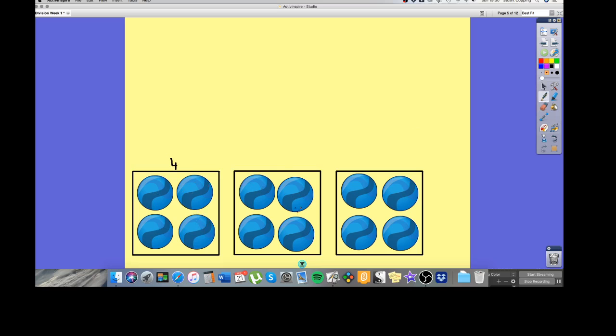In this group, I have 1, 2, 3, 4. And in this group, I have 4. So I know I've shared it out equally. So I can say that 12 marbles, because that's how many marbles I had to start with, can be shared equally into 3 groups of 4. Simple as that.